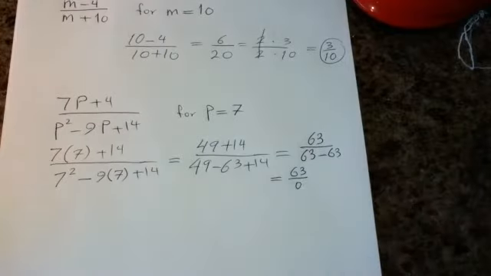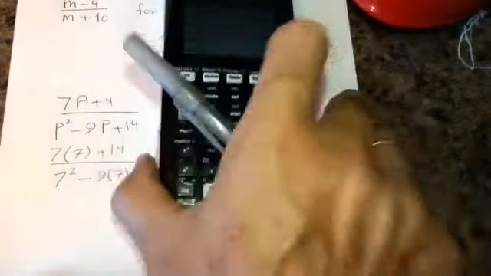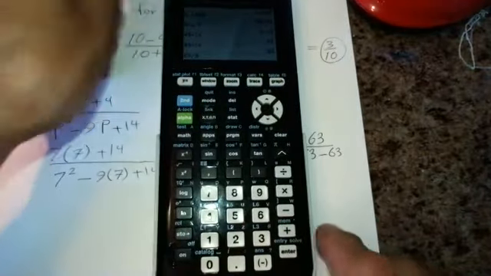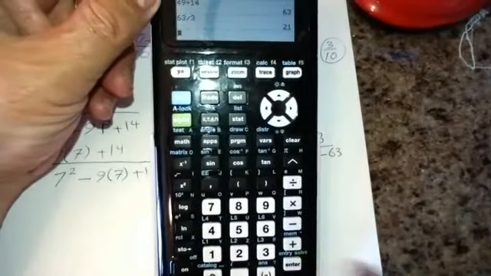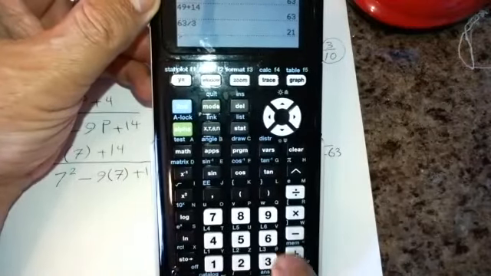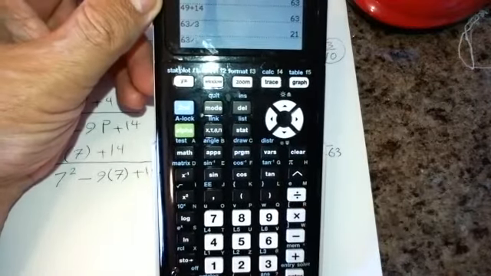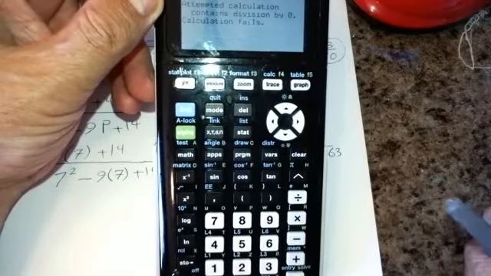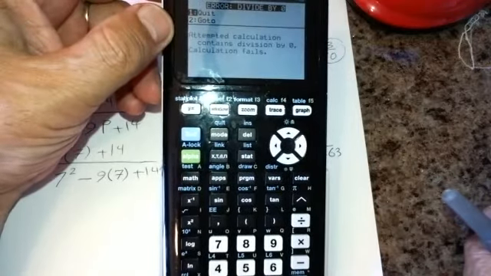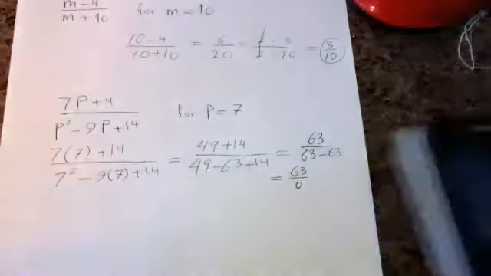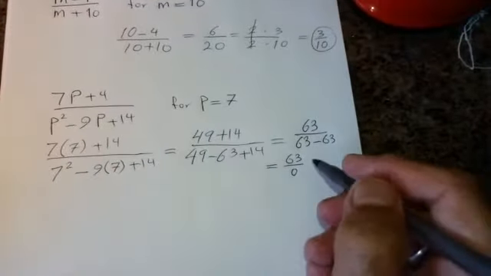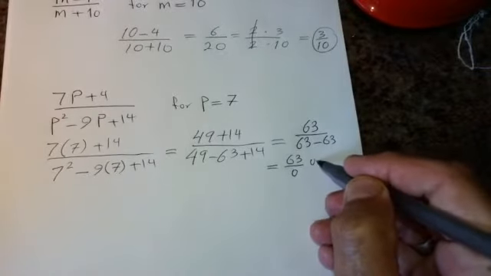I got 63 over 0. It's divided by 0. Let's just go ahead and use our calculator. What is 63 divided by 0? See, it doesn't give you any answer. It's wrong, right? So that means any number divided by 0 is undefined.